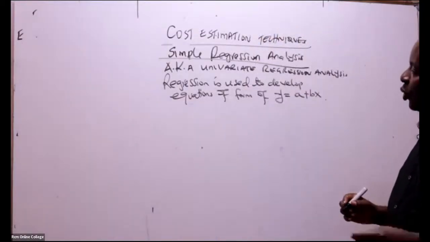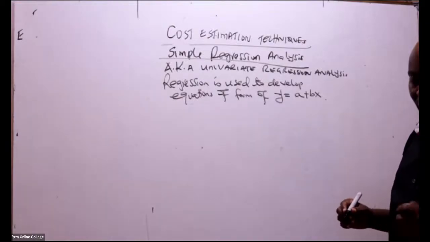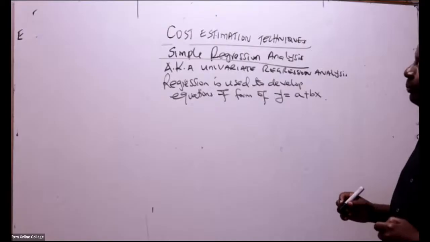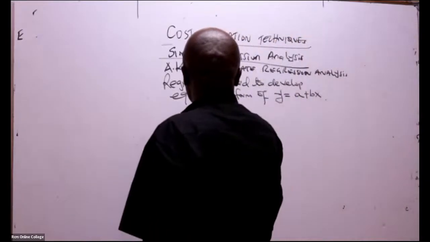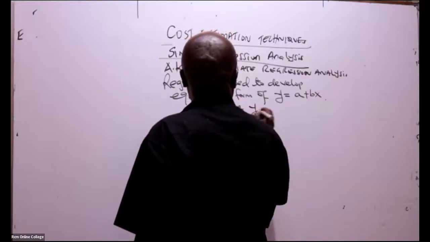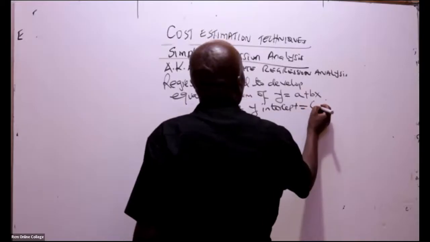Equations of the form y equals a plus bx. Where, if you remember very well, a is the intercept. So this is the y-intercept. The y-intercept will be our constant.